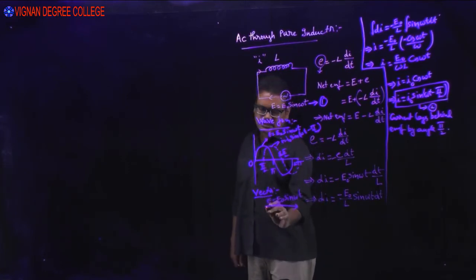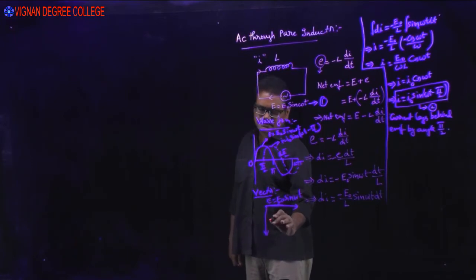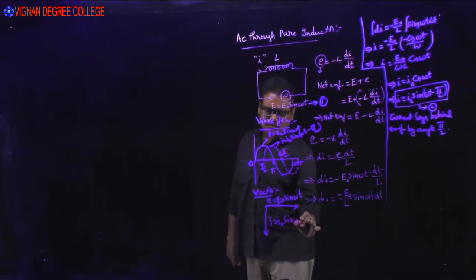Since current is lagging behind EMF by an angle pi by 2, we are representing the vector form of current in the downward direction. That is, this vector represents I is equal to I naught sin omega t minus pi by 2.